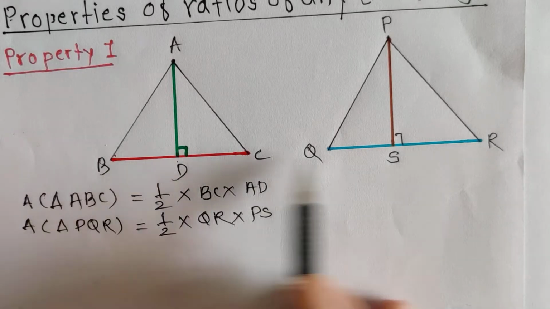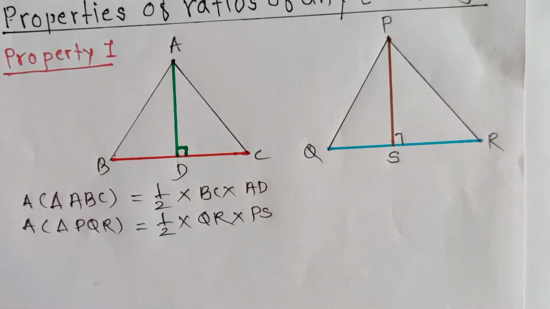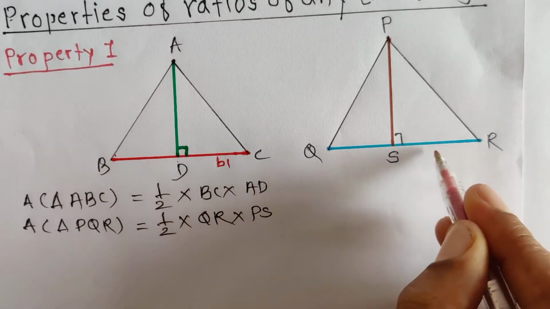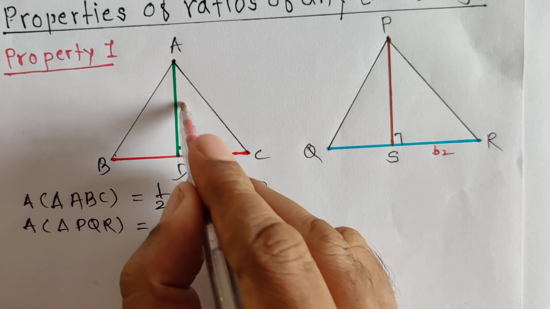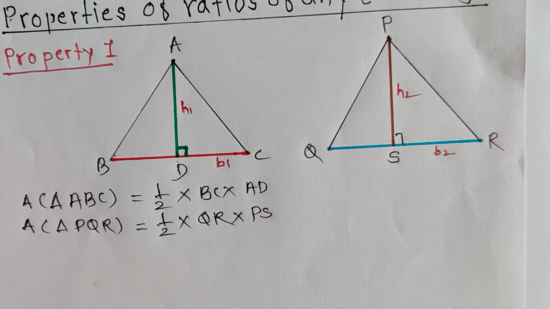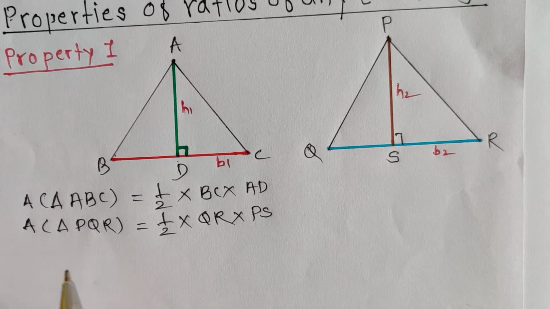Either the bases are not equal or the heights are not equal; the heights are different, the bases are different. So if we consider B1 and B2 as bases and H1 and H2 as heights of these two triangles, now try to find the ratio of their areas.